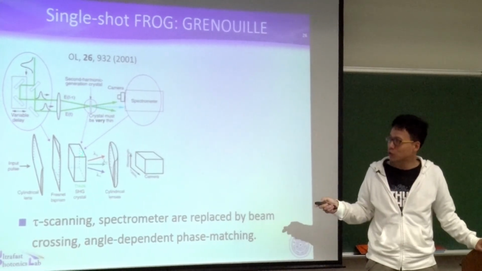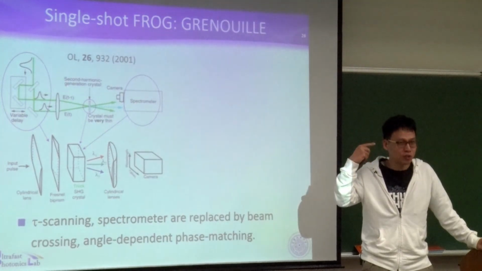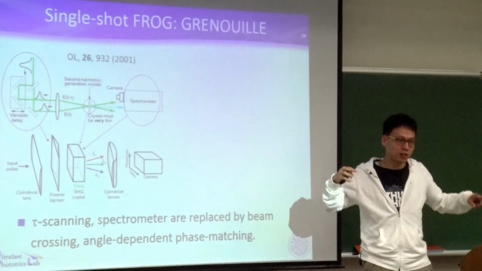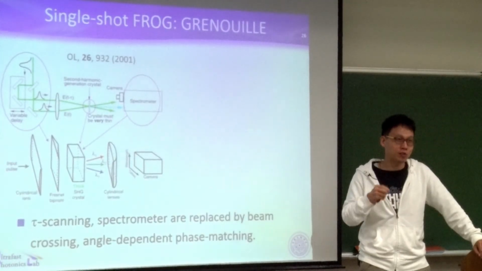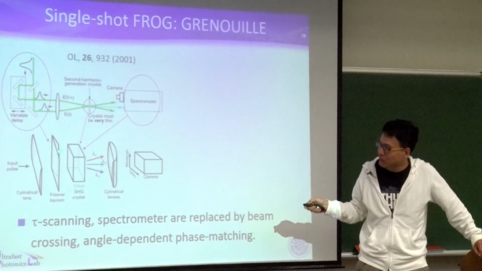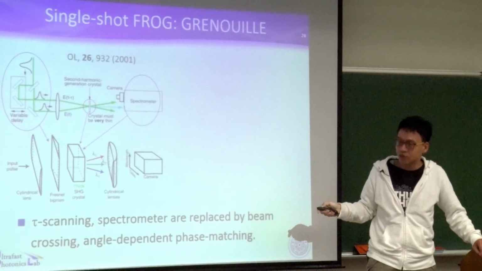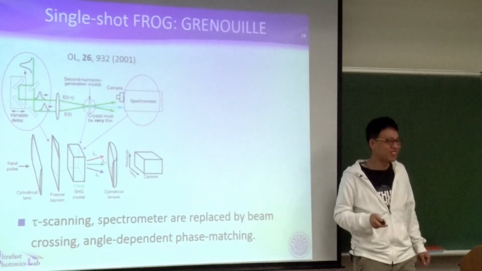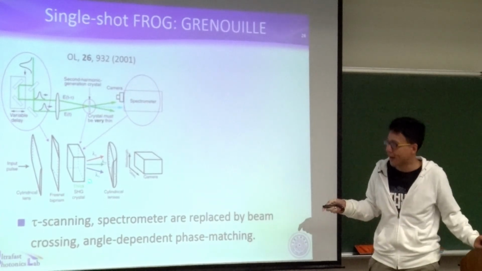Okay, why do we need crossing beams? Remember the single-shot intensity autocorrelation. We need two crossing beams such that different lateral positions correspond to different delays, right? So this is for that purpose. So without the Michelson interferometer, a single biprism gives you different delays along different lateral positions, maybe the x direction.